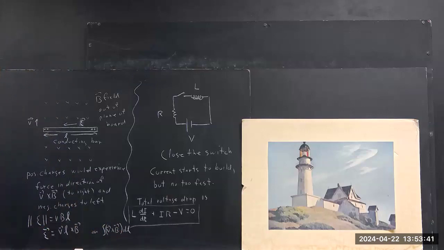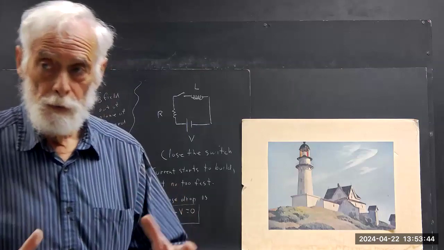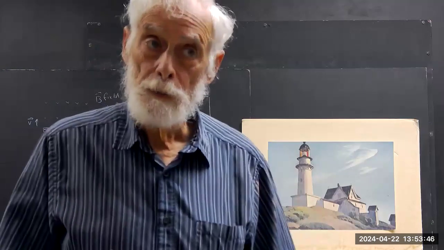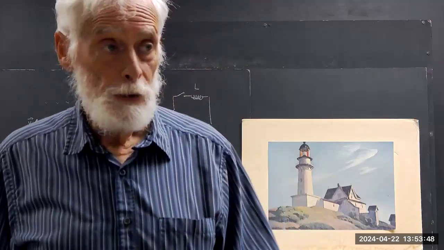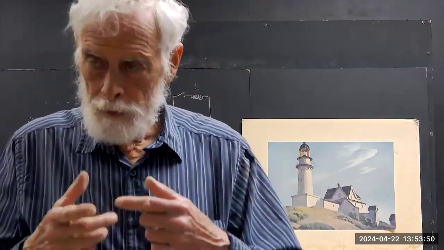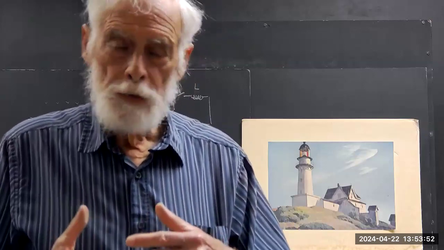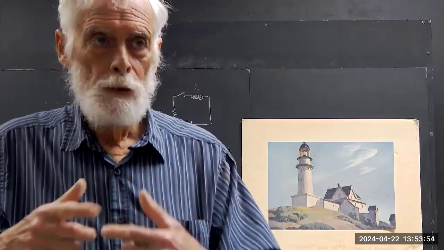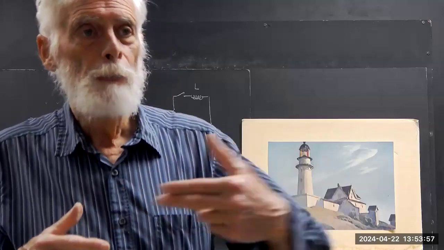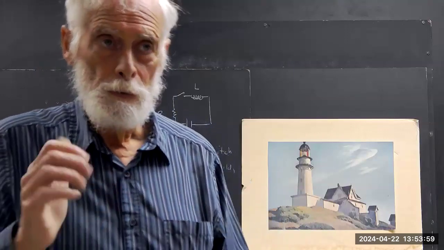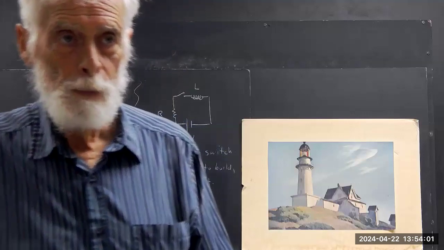We'll talk more about that next time. Try to get the flux picture: the whole thing about rate of change of flux being induced EMF, and how a changing current in a coil creates a back EMF. Use your right hand, and come in with any questions you have.